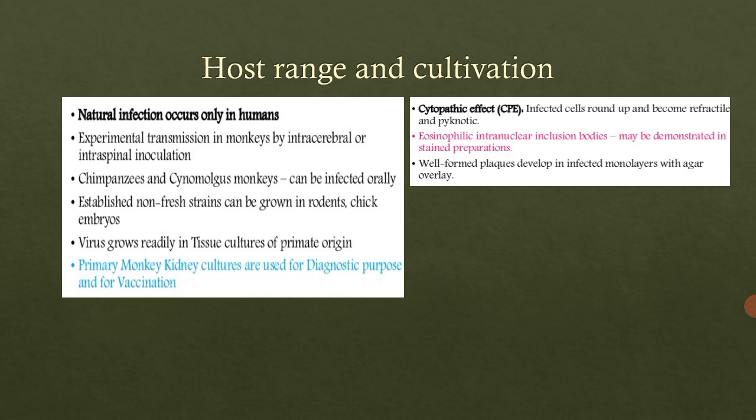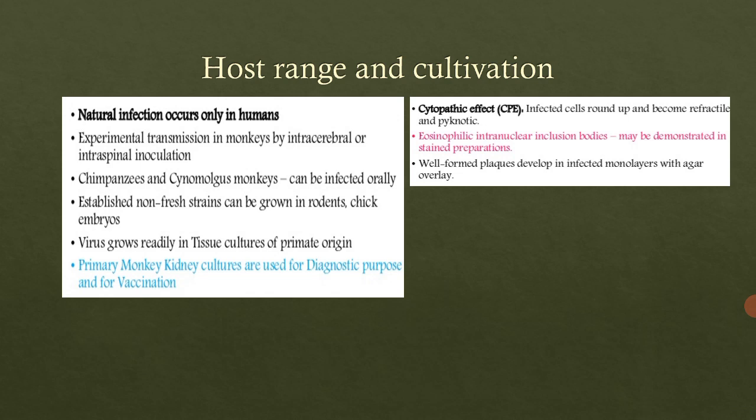Then well-formed plaques develop in infected monolayers with the agar overlay. We know that if we want to study the virus in laboratories, the plaque assay is the method we use, to study the virus presence and to check the growth of the virus.